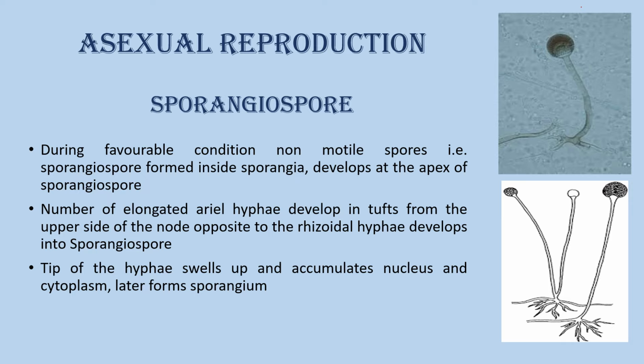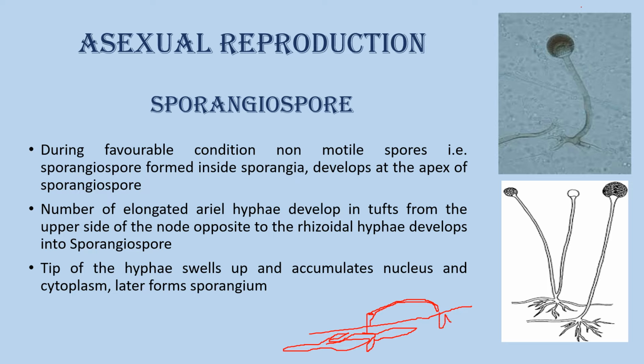When the mycelium has grown on the substratum and reaches a certain stage, it becomes aerial and forms stolons, which grow horizontally, and at the point of contact with a hard substratum, the tip bends and produces rhizoids.